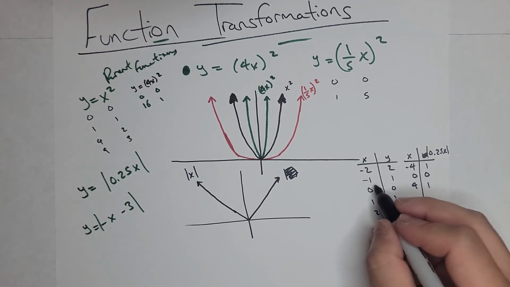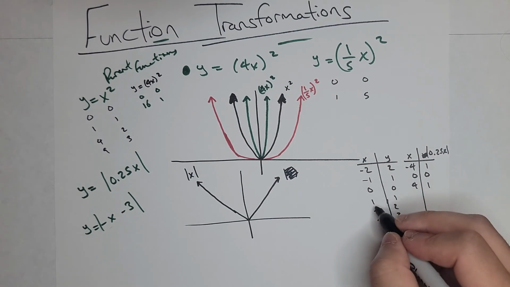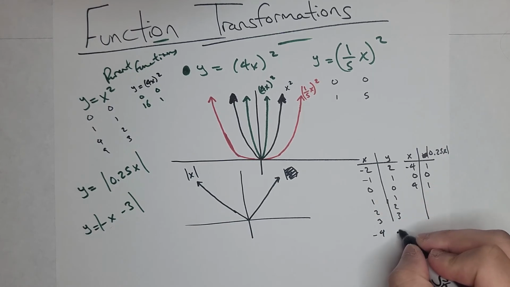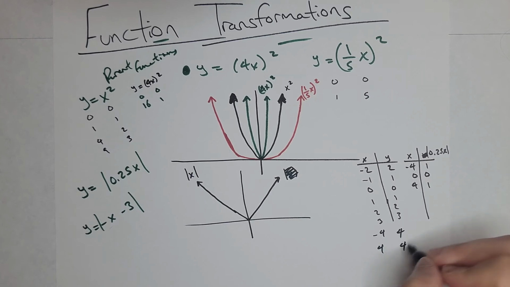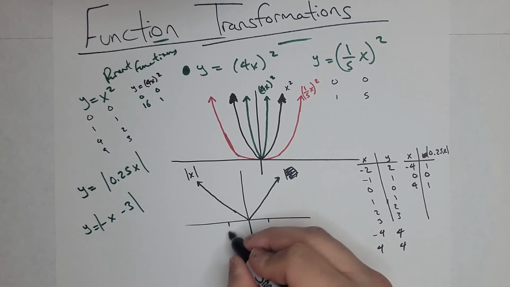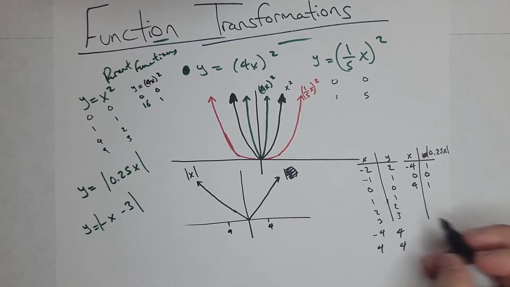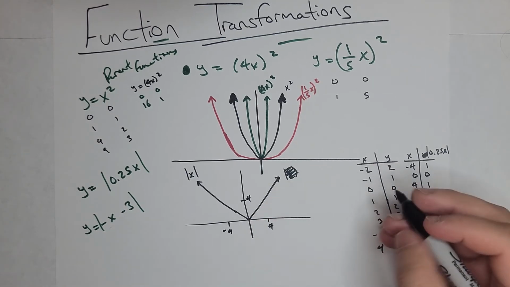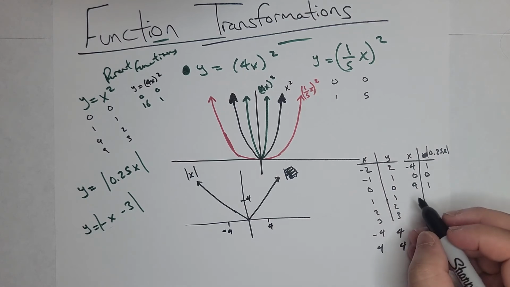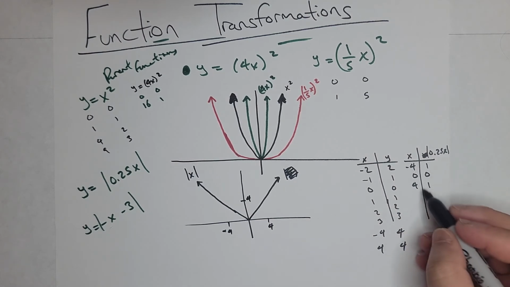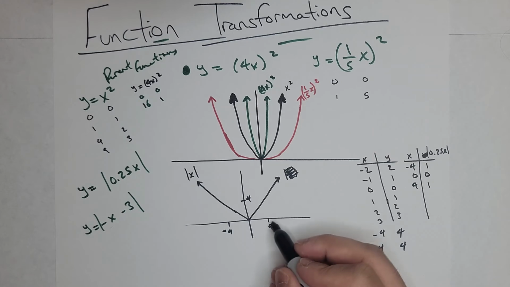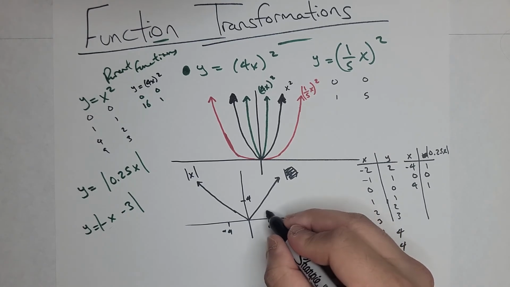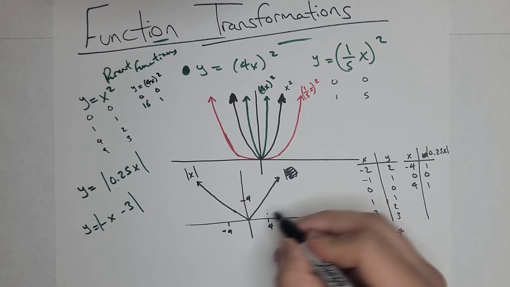So before, we had -4 was 4, and 4 was at 4. And now at the same x values, it's now at 1, somewhere here.